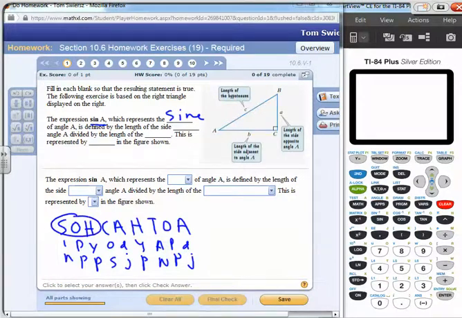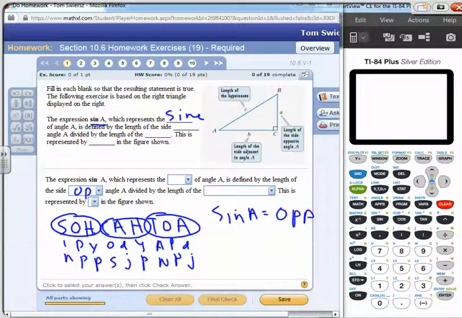So, sine is opposite over hypotenuse. Cosine is adjacent over hypotenuse. TOA, tangent's opposite over adjacent. So in this case, the sine of the angle is a side what? Opposite. So sine of angle A is the side opposite divided by the length of the hypotenuse.